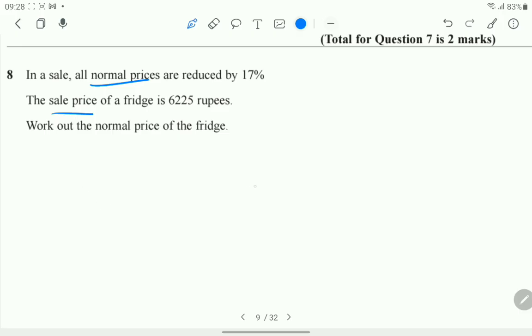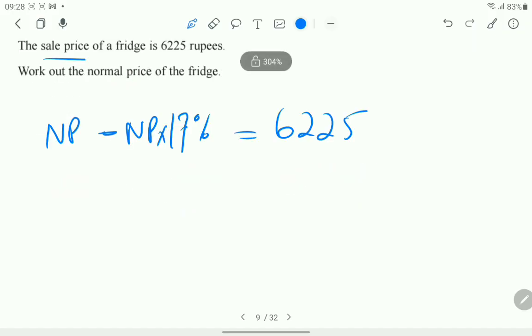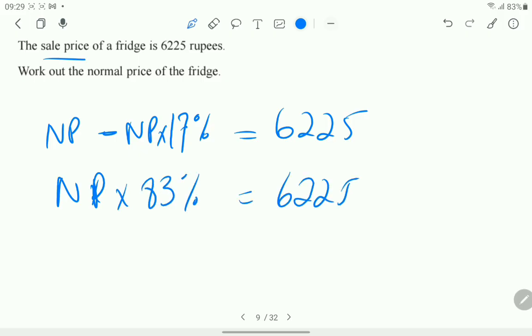So imagine that this is our sale price. Now something used to be the normal price of this and it got reduced by 17%. So the normal price is reduced from the original by 17%. So the normal price times 83% gives us 6225.